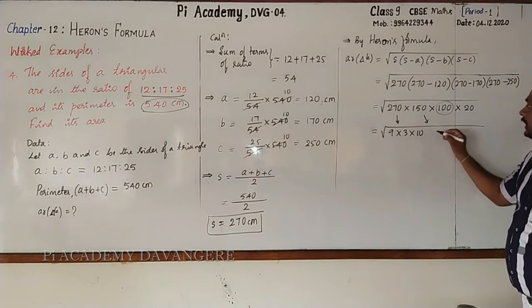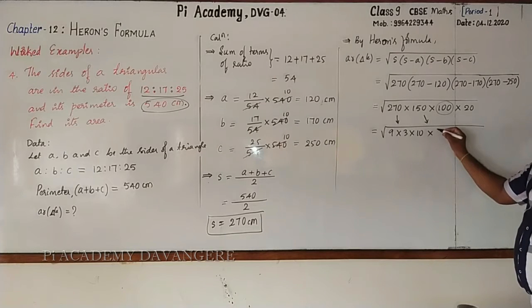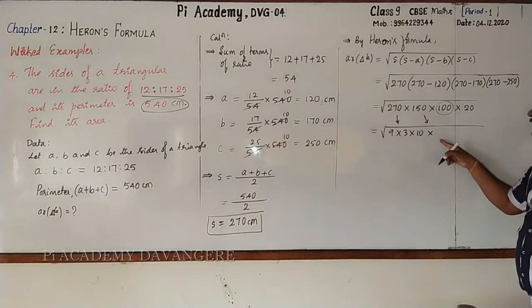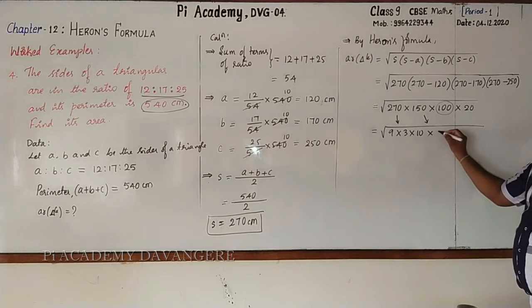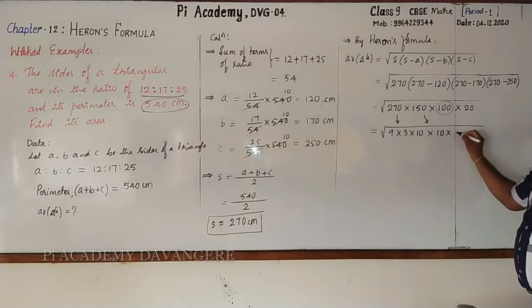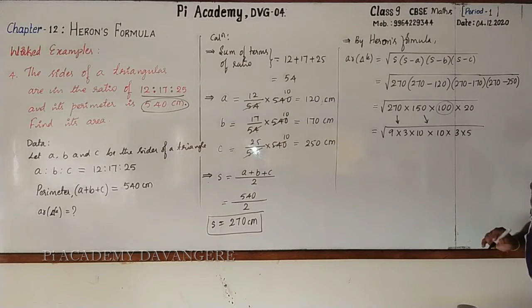Whereas 150, let us take 10 into 15, but 15 is not a perfect square, so 15 is to be written as 3 fives. Next, 20 can be written as 5 fours. Into 100, let me write this as it is.